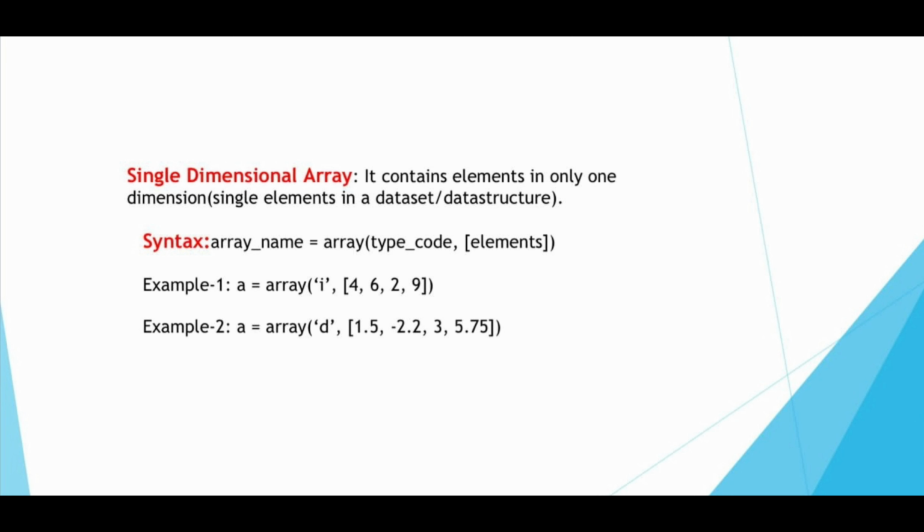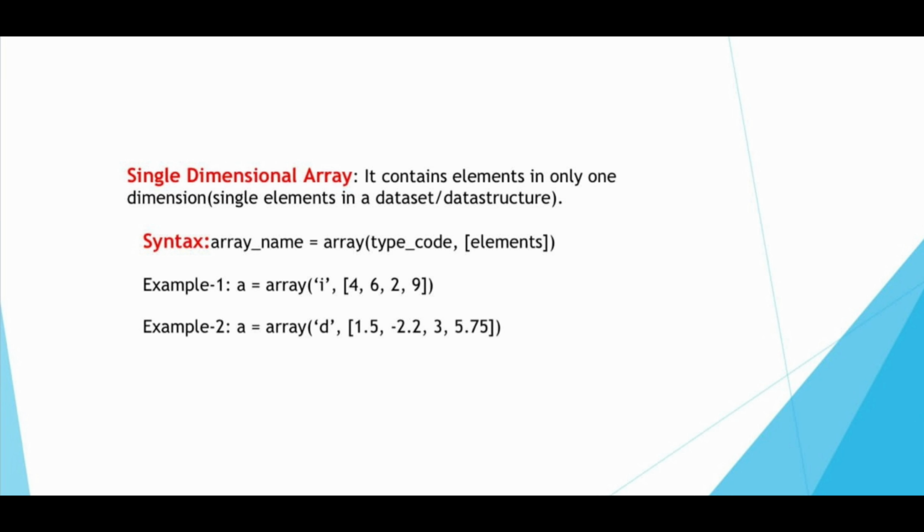Example 1. Suppose A is the array name and that is equal to array, the type code is I and enter the elements 4, 6, 2, 9. This is one example. And another example is array name A, array, type code D, elements are 1.5, minus 2.2, 3, 5.75.